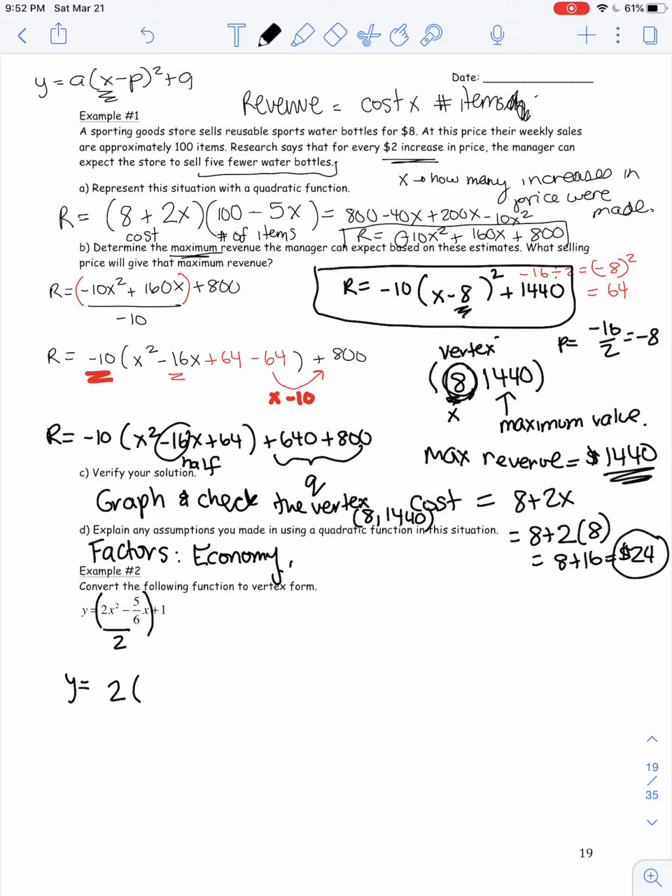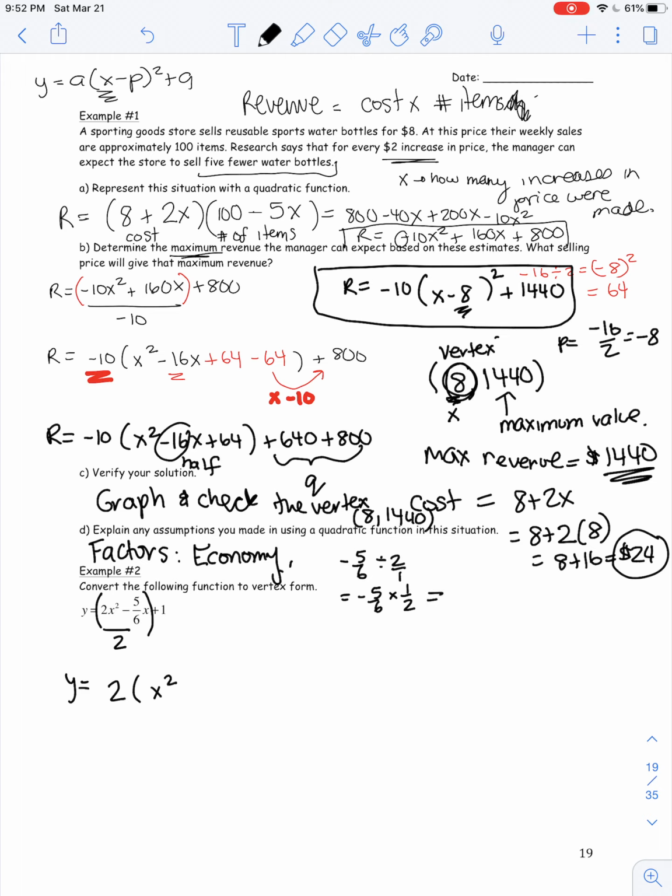Now 2 divided by 2, you don't have to write 1, so it's going to be x squared. But at the side, I'm going to take negative 5 over 6, and I'm going to divide it by 2. The reason being is whenever I divide by 2, I'm actually going to multiply by the reciprocal of that number. Even if you don't see it, there's a 1 underneath a whole number. So when you flip it, it becomes 1 over 2.